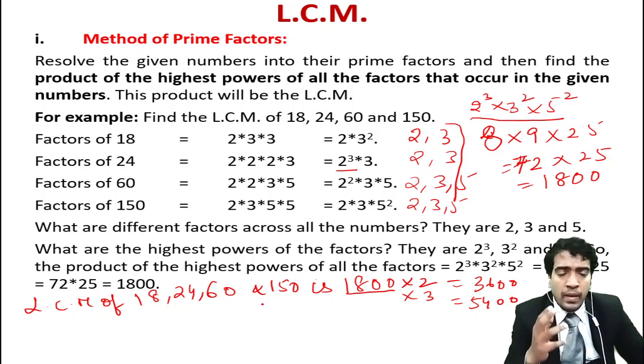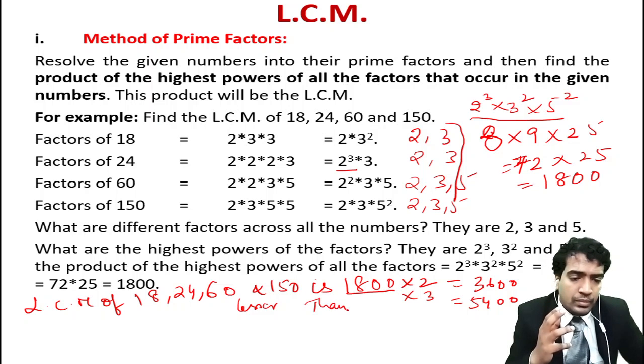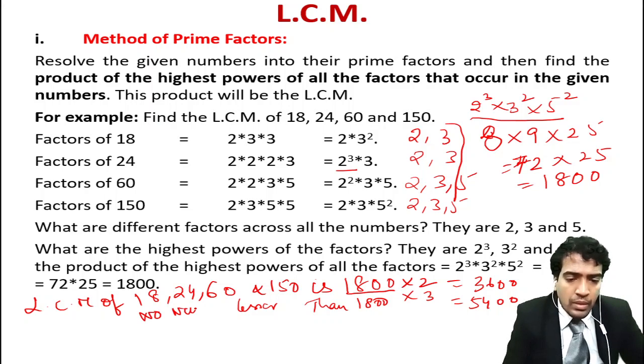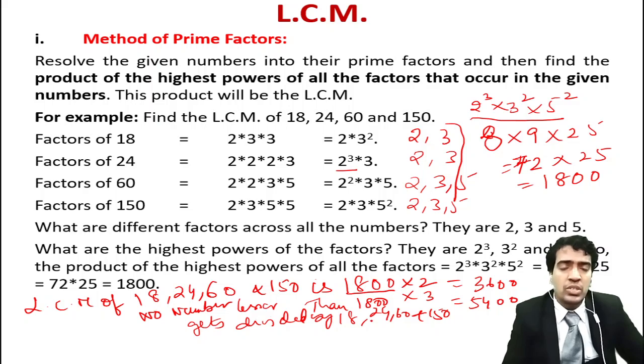Meaning, there exists no number lesser than 1800 that gets divided by 18, 24, 60 and 150. Okay, this is the least of such numbers.